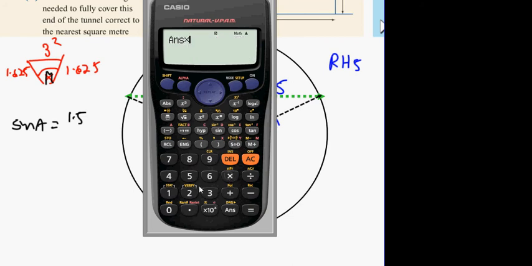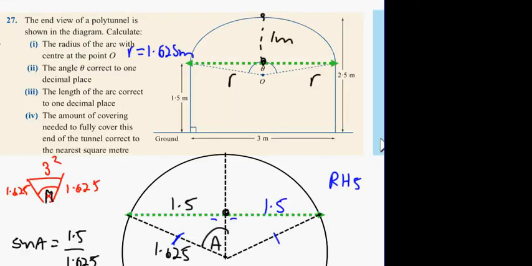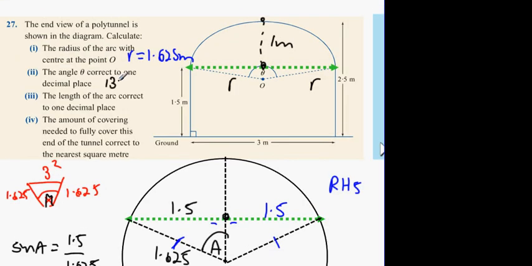Multiply that answer by 2. And you get 134.8. Okay? Angle M was equal to 2A. Therefore, as done by the calculator, M equals 134.8 degrees. Everybody happy with that? Okay, well, 134.8. Perfect.